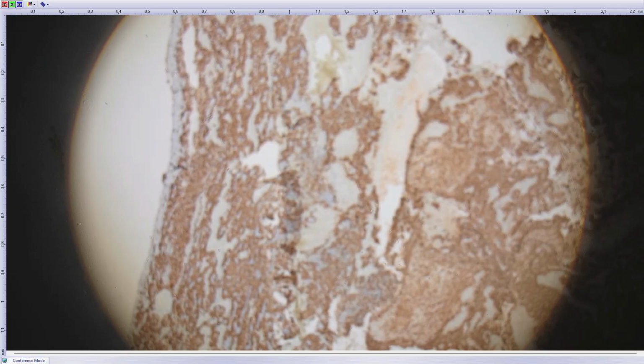So I ordered some other stains, and the first one was HMB-45, which was diffusely positive. The lesion was focally positive for Melan A. It is very weak positivity, but it is present.